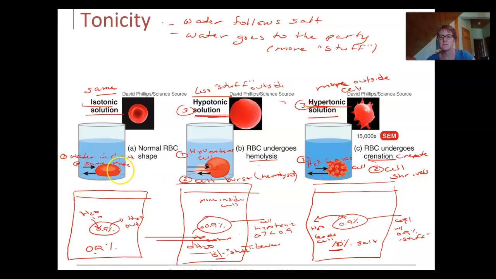What happens to the cell? Nothing. Cell stays normal. No change in cell shape. If there's no change in the cell shape, that means it's an isotonic solution because the numbers are the same. And the cell gets to live happily ever after.